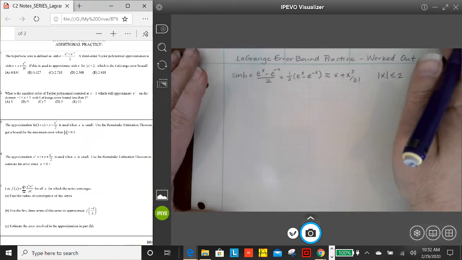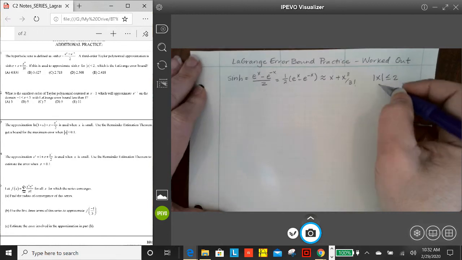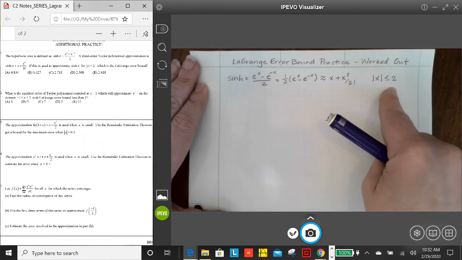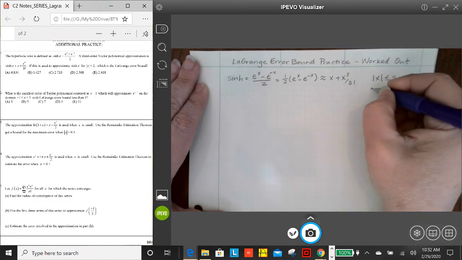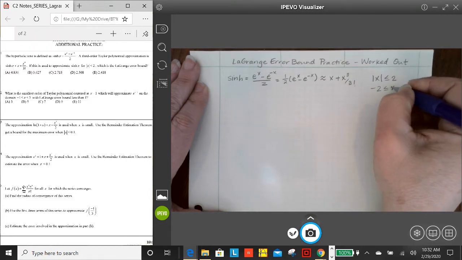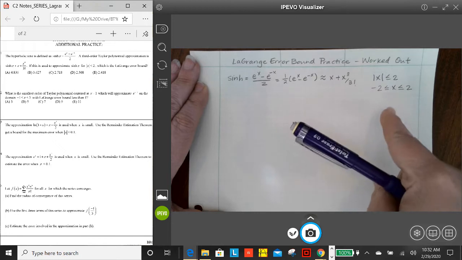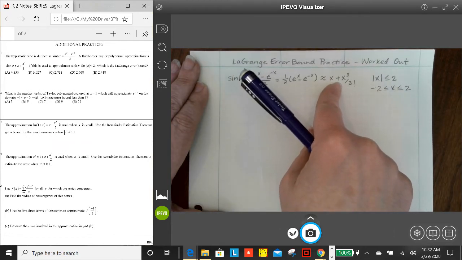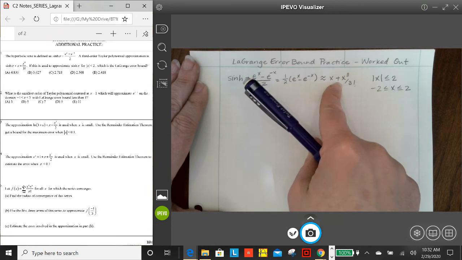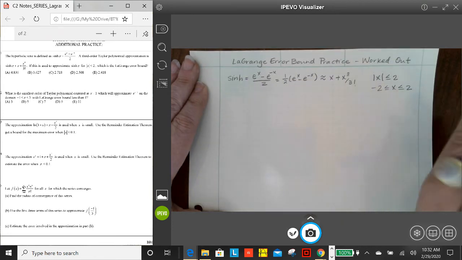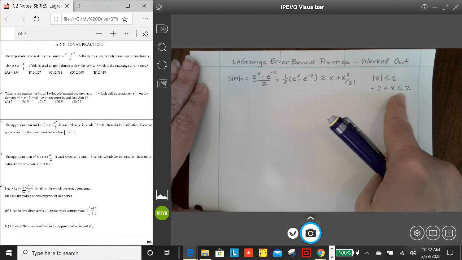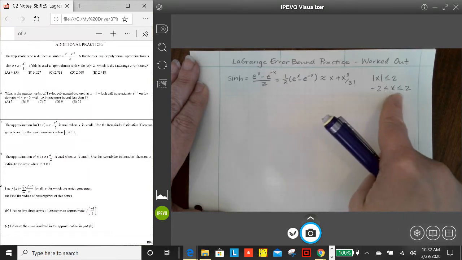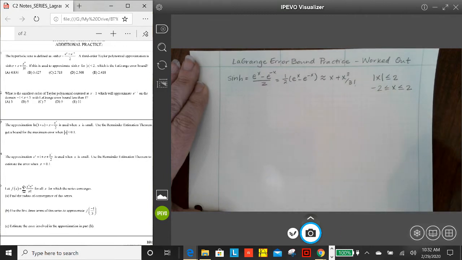This is a fancy way of saying that we're going to have our domain for this approximation be limited from -2 to 2. And this is centered at 0, clearly, because my polynomial here is not shifted by any horizontal shift. And so I am going to see how bad my error is going to be in this interval.